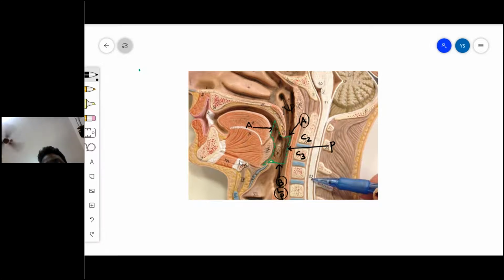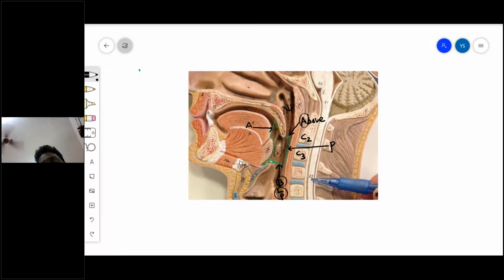Next, the arrow above communicates with the nasopharynx at the lower border of the soft palate through the pharyngeal isthmus.